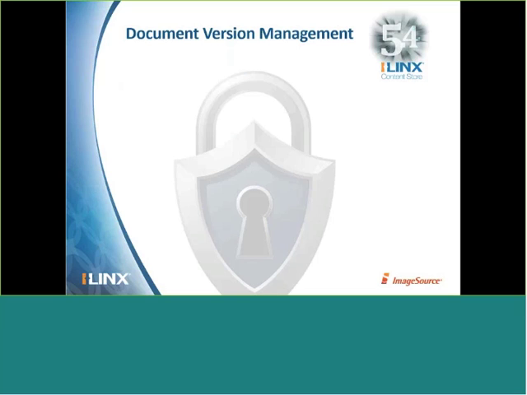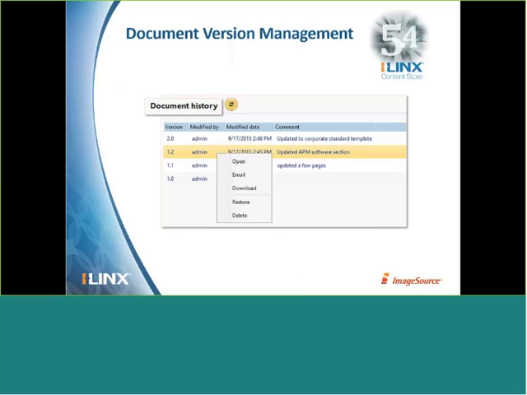Now, the ability to effectively manage and support collaborative content is another key area that we've been working on. In ILINX Content Store 5.4, you now have full document version management, including checkout, check-in, major, minor revisions, and required comments. And you can access the complete version history for any document directly from the interface shown on the screen.